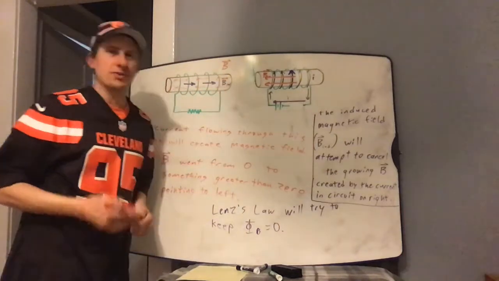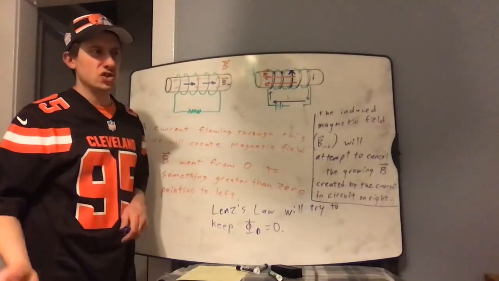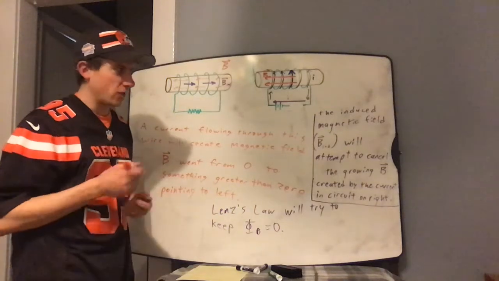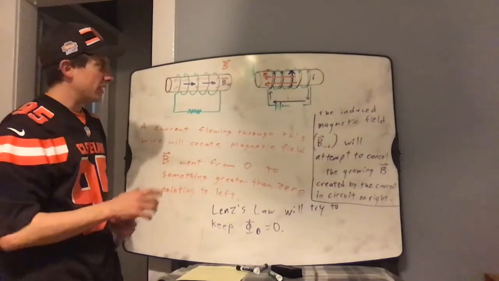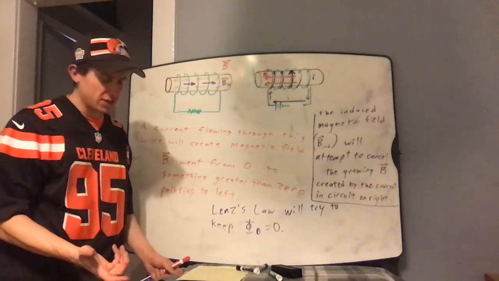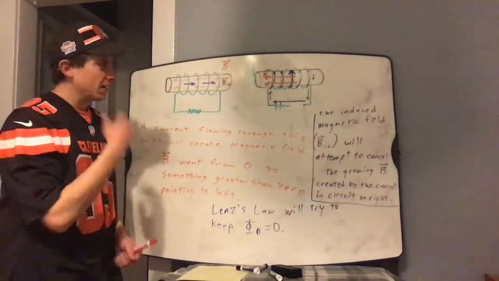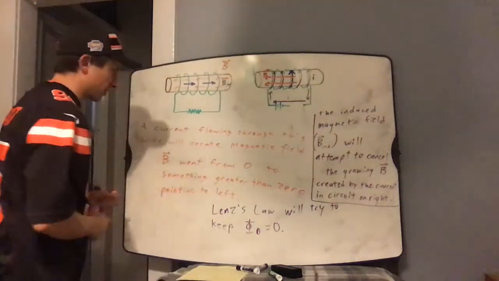So B induced will not always try to cancel the magnetic field. B induced will attempt to prevent a change in magnetic flux. In this scenario, it turns out that B induced will attempt to cancel because the original field was 0, and B induced wants to keep the magnetic flux at 0.